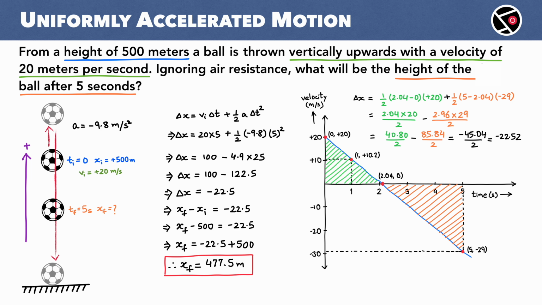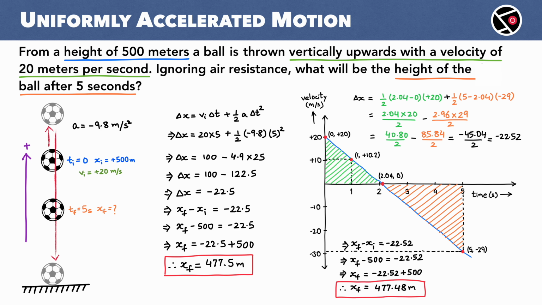We replace delta x with xf minus xi. xi is 500 meters, and we have xf equal to 477.48 meters.